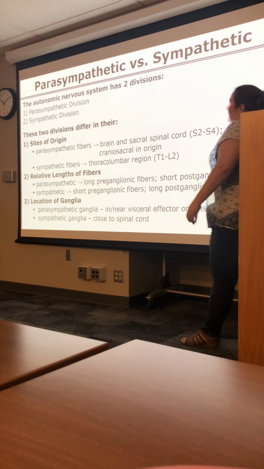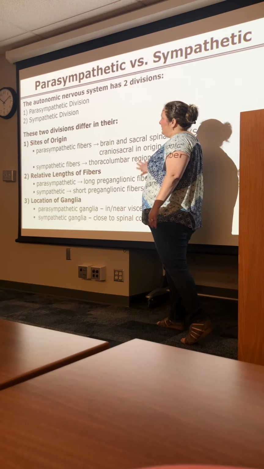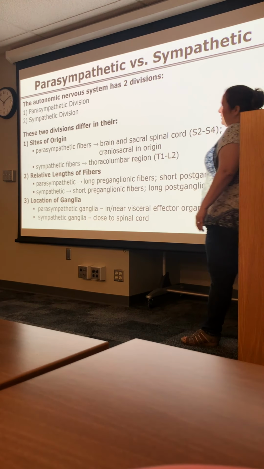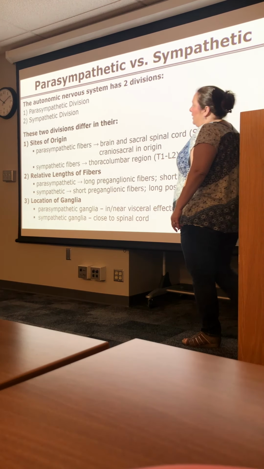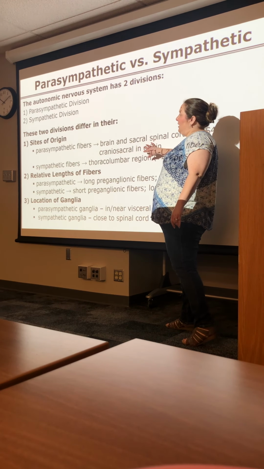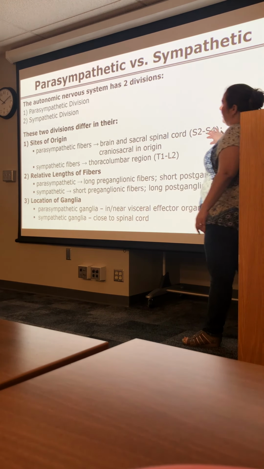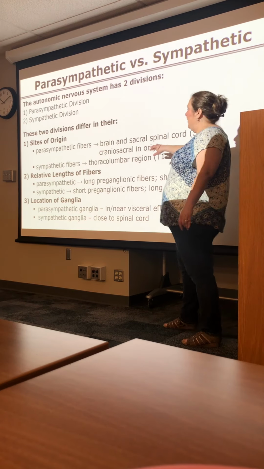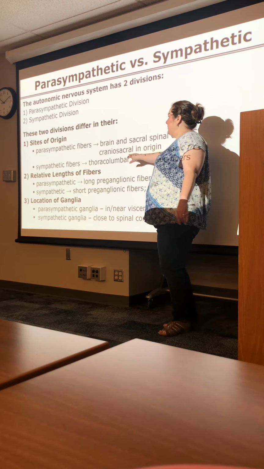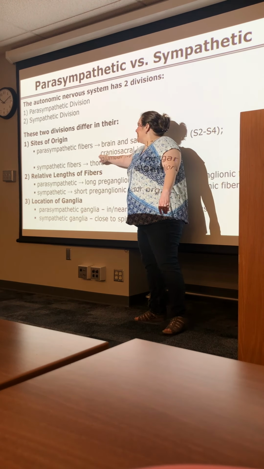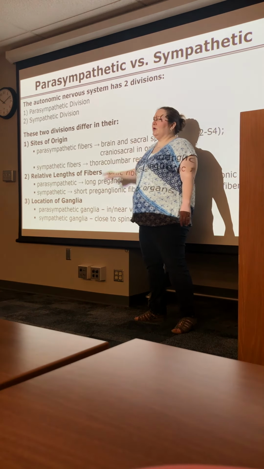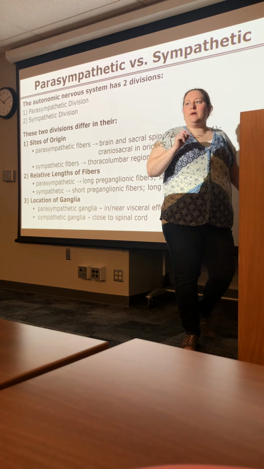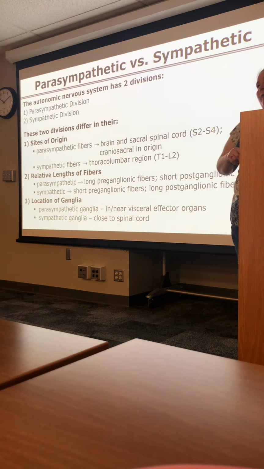Well, when we look at these two divisions, we can see that there are differences in things like site of origination, the length of the axons, and where the ganglia are located. And we've talked a little bit about this already. In terms of sites of origin, the parasympathetic division of the autonomic nervous system is also known as the craniosacral division because it's going to be coming from the brain, specifically from the brainstem, and the sacral portion of the spinal cord, the portion of the spinal cord that gives you spinal nerves S2, 3, 4.